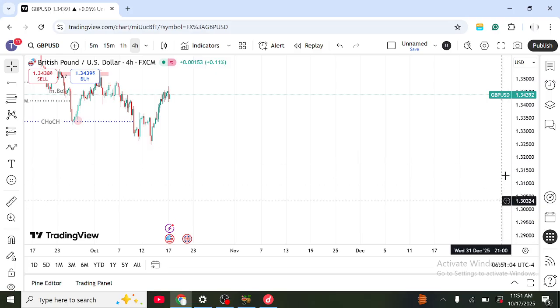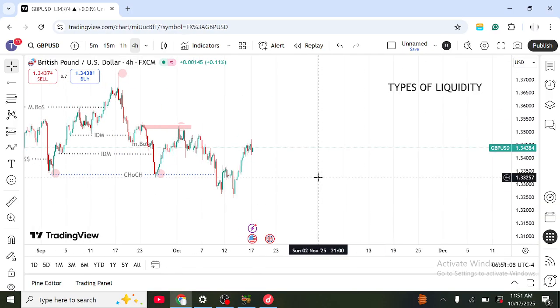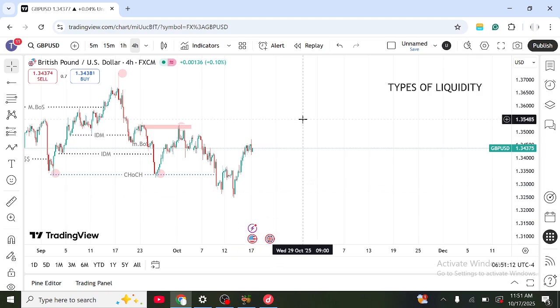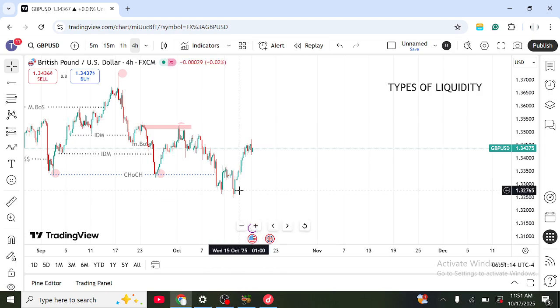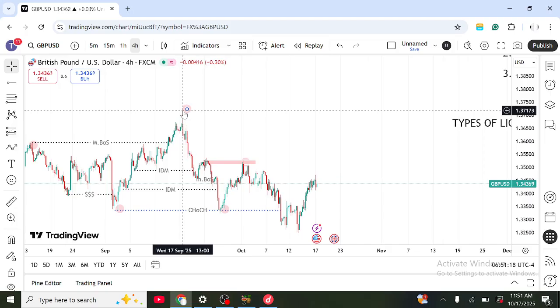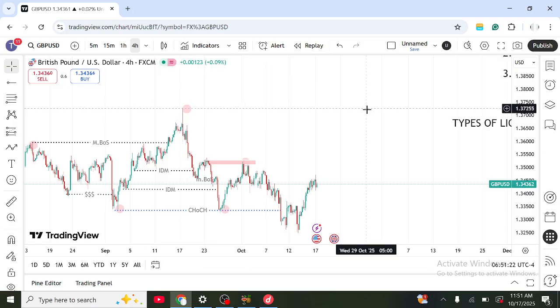There are people that are looking for an entry, or they've set their order here, while there are other traders that believe that when price gets to this order block, it's going to push to the upside, right? So there's liquidity here, there's also liquidity here. Some go like, this is a very strong resistance, so price is going to drop, so they are looking to sell. They've placed their order here already.